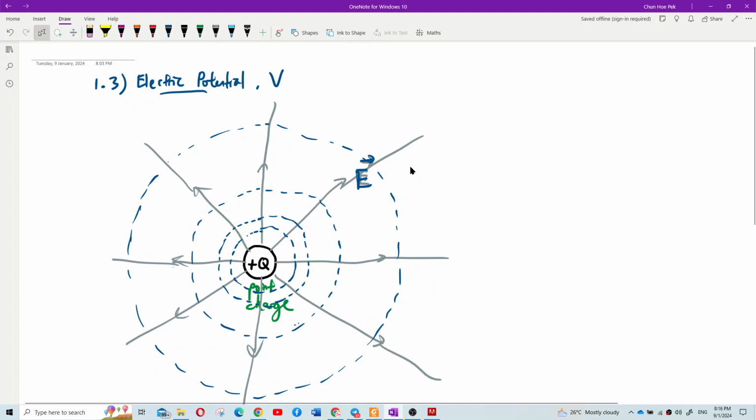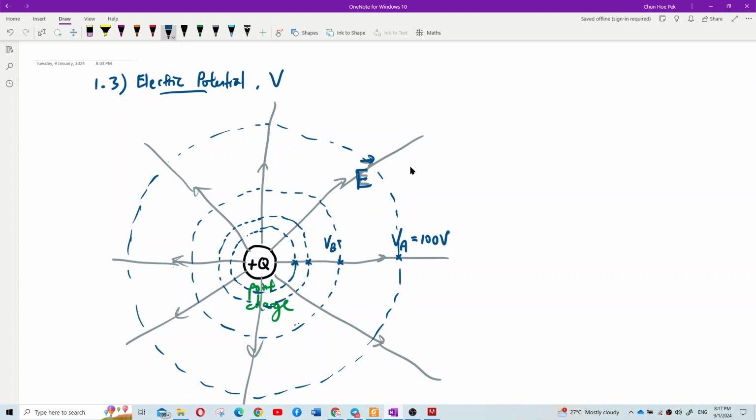When further apart, like I put here, you have 4 points. This is point A. At point A, the potential is 100 volt. Then nearer, point B. Not enough space actually.